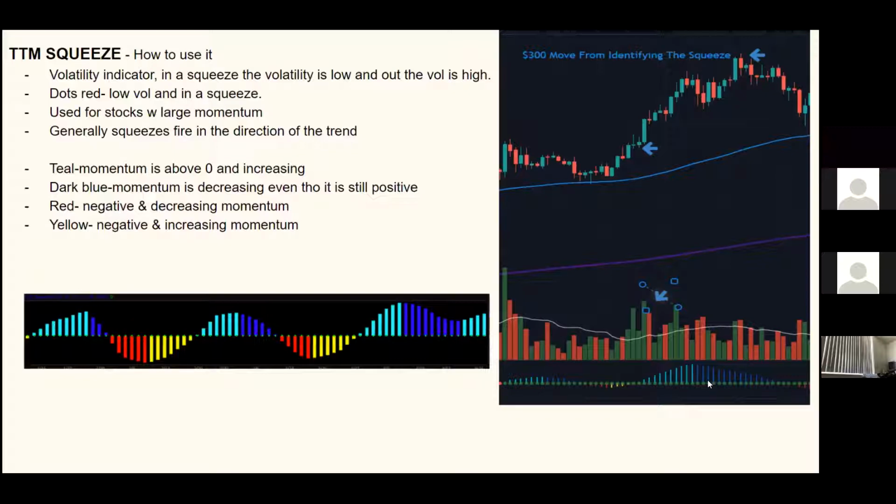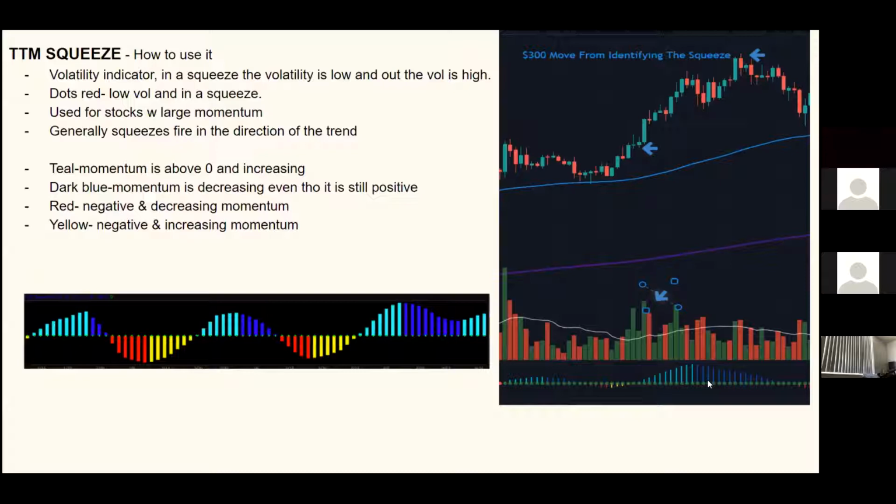Mara and Riot had a very nice squeeze move in the morning. Same thing with NVIDIA. NVIDIA had a 25-point rally, basically, right off the demand. If you saw that 5:15 demand zone and picked it up, you could have ridden it all the way to about 5:26, I think, at the high.